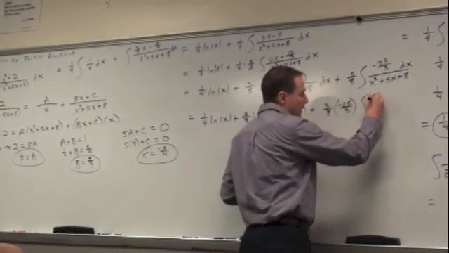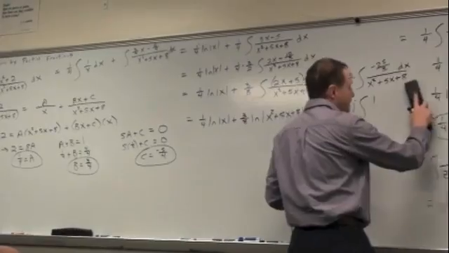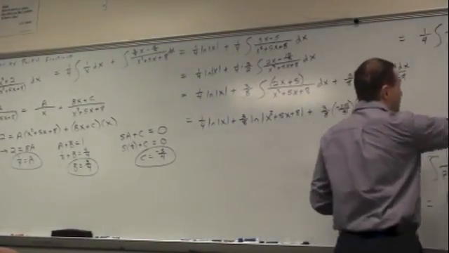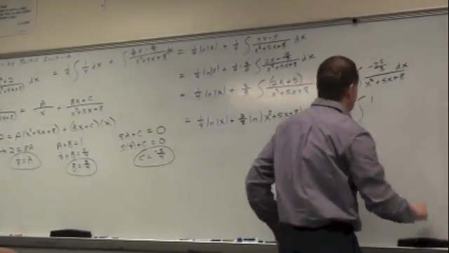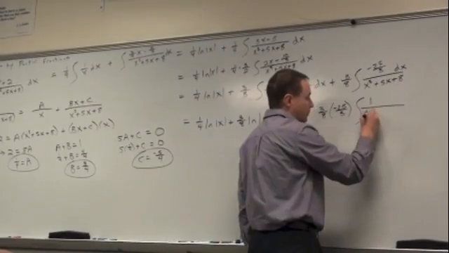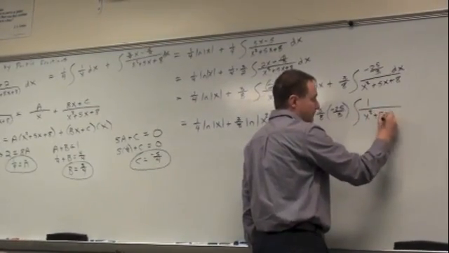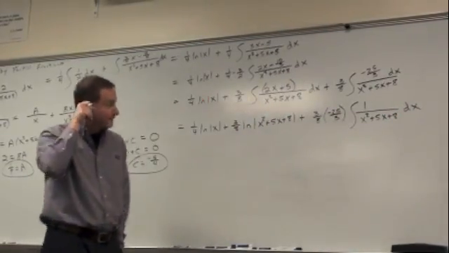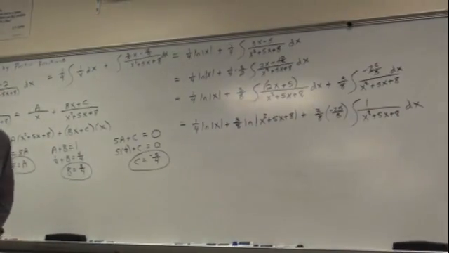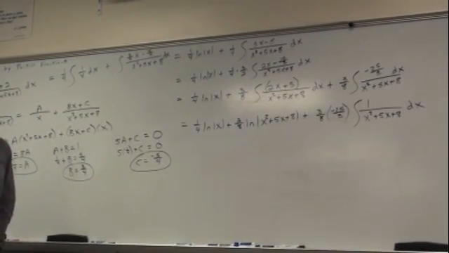On the integral of 1 over, I'll need to erase part of this. x squared plus 5x plus 8 dx. So, this last integral is what I need to work with.